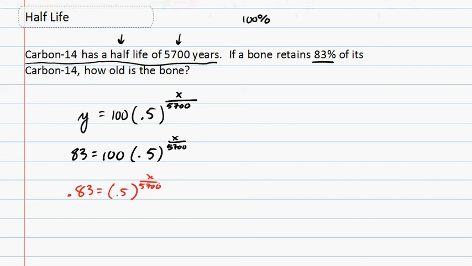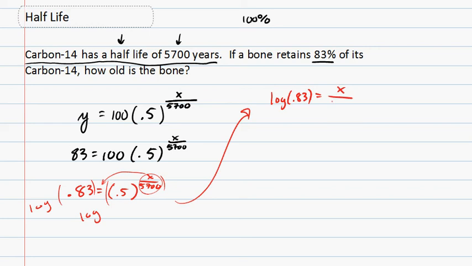And if you remember the last time, we're going to log both sides. So I'll just write this, and I'll write log, and I'll write this, and I'll write log. And the reason we log is so that this exponent can come to the front. So let's write this all up here. Log of 0.83 equals x over 5,700 times log of 0.5.